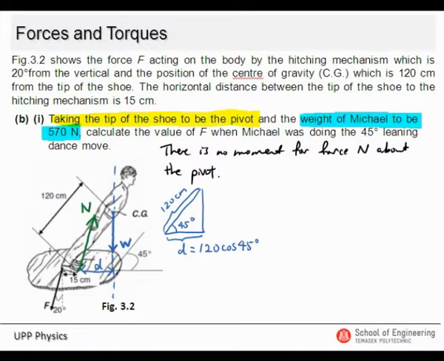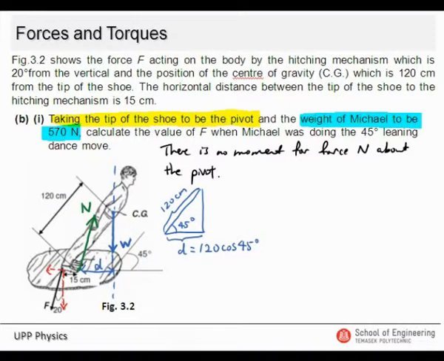Next, we need to find the perpendicular distance of force F about the pivot at the tip of the shoe. To do that, it is better for us to resolve force F into the horizontal and vertical direction. So let me resolve the force F horizontally and vertically.